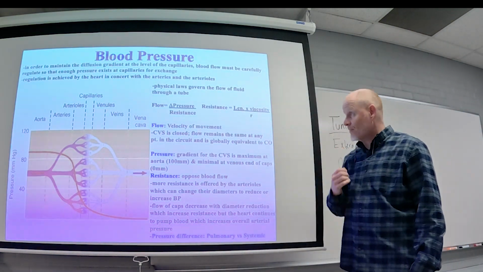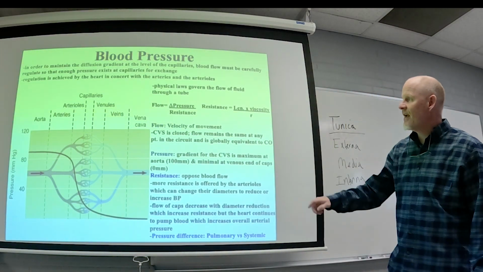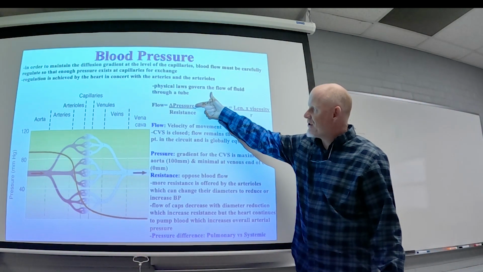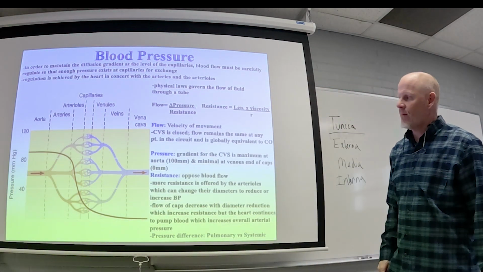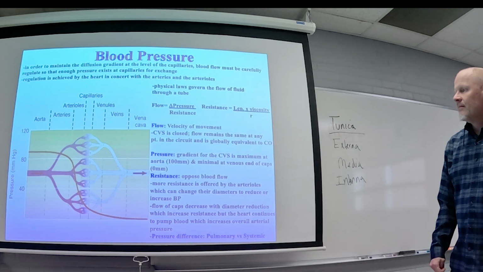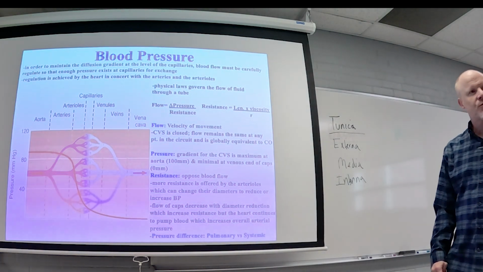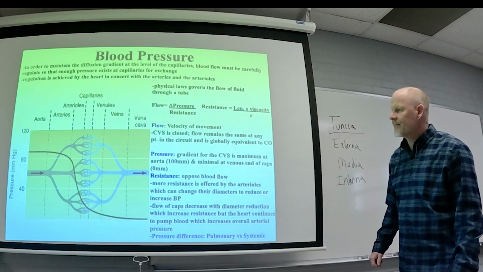And so we got to keep our pressure high enough to always overcome resistance. If our change in pressure is higher than resistance, then we get flow, which has a certain velocity. And I'll kind of describe velocity when we get to the capillaries, and it'll kind of help you picture how velocity works.